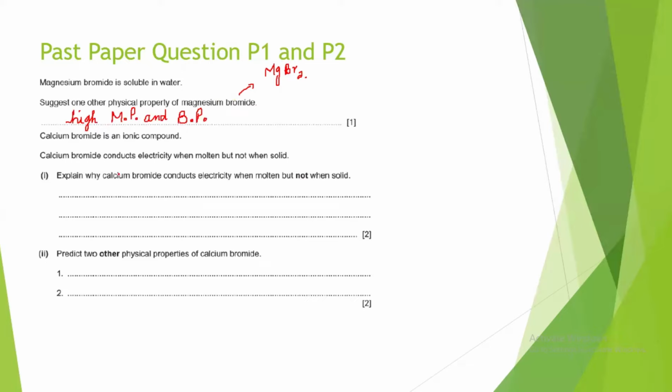Explain why calcium bromide conducts electricity when molten but not when solid. It can conduct electricity when molten because of free moving ions, which we have already discussed.